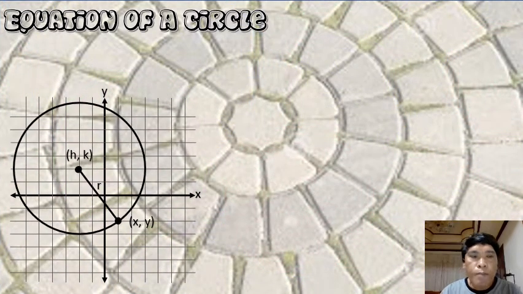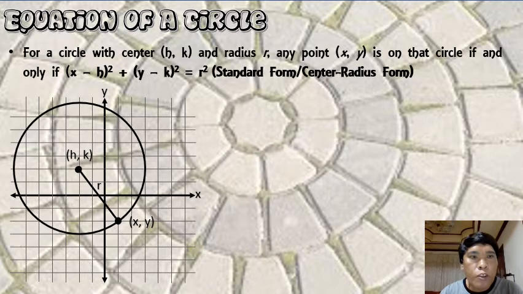Okay, this time, the center of the circle has changed. Okay, if the center of the circle is on the plane, not at the origin, the equation of the circle must be x minus h squared plus y minus k squared is equal to r squared.